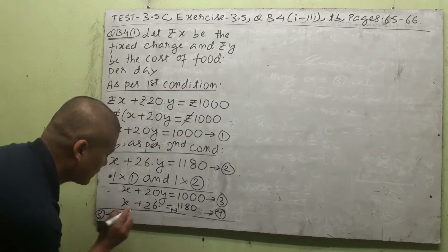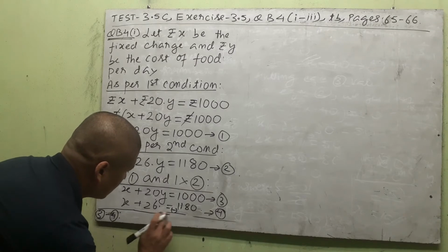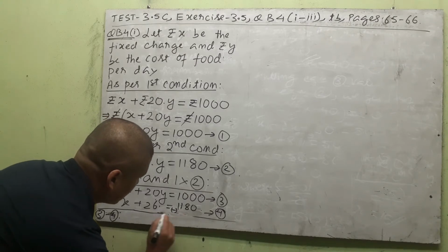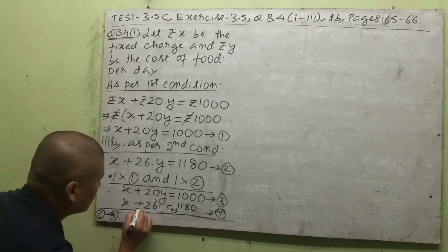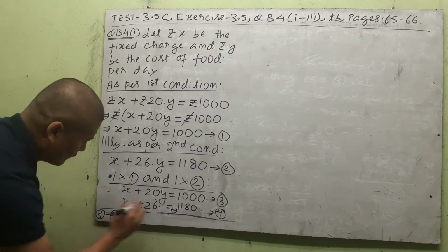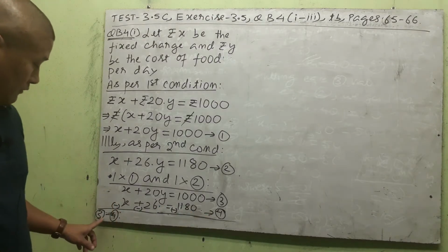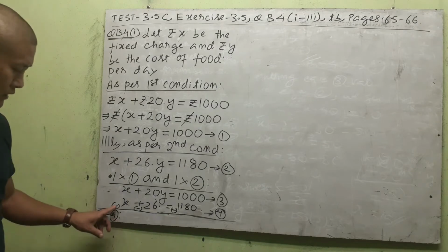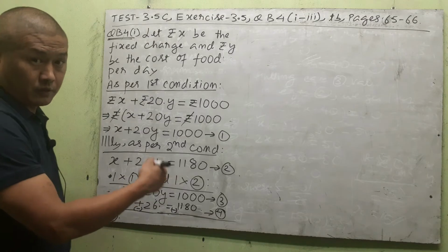This plus 26 likewise will become minus. Let me give some space. So plus 26 changes to minus, and plus 1x in equation 4 has its original sign changed to minus. That is the meaning of 3 minus 4. So this minus 1x and plus 1x, the equated one, now becomes 0. Minus 1 plus 1 is 0.